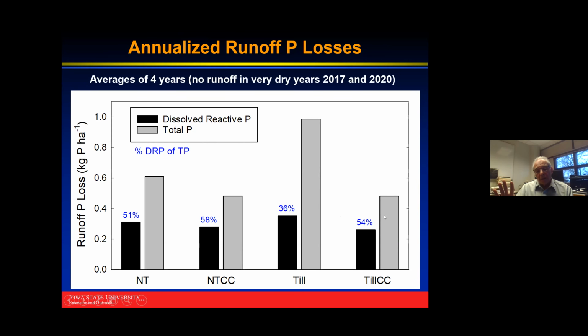So this is in striking contrast with the results of my friend in Kansas, okay? We show here that cover crops helped, especially with tillage, reduce total undissolved P loss, not as much with no-till.